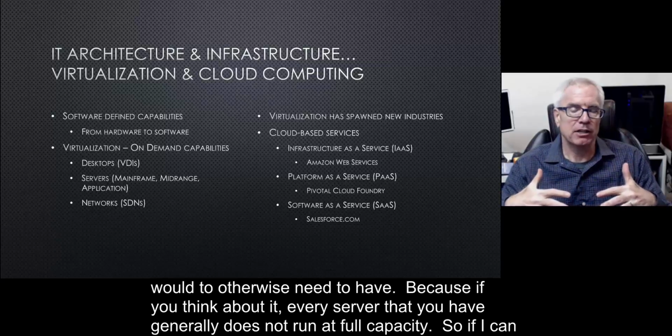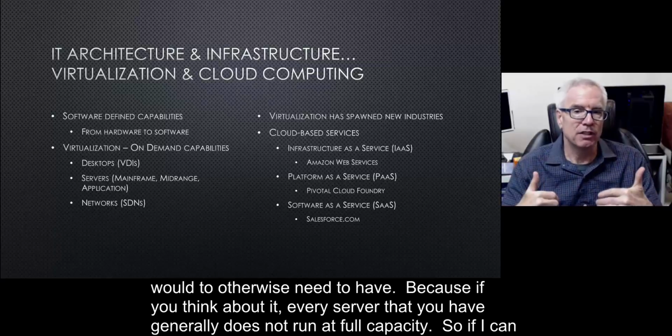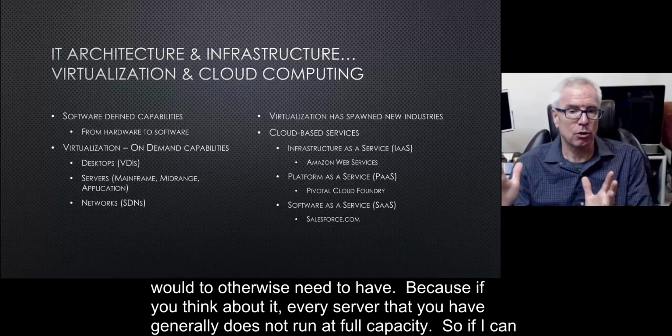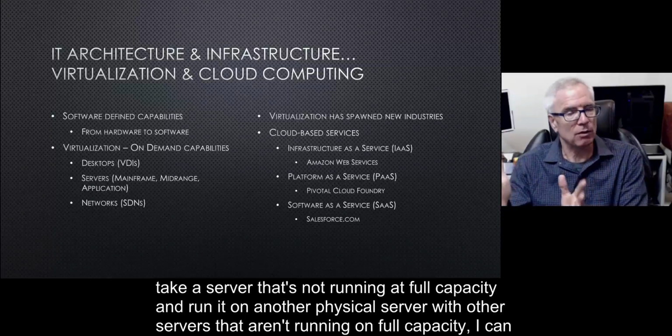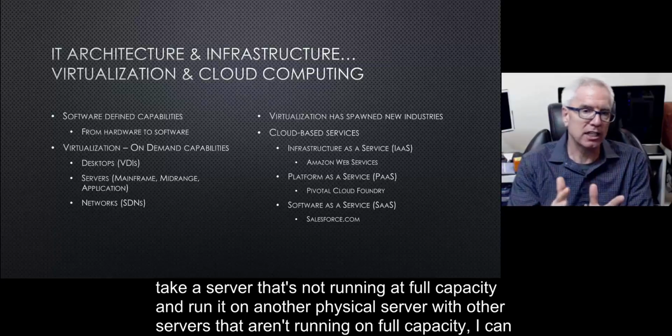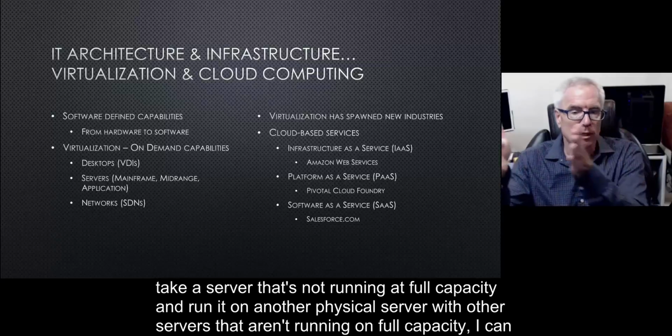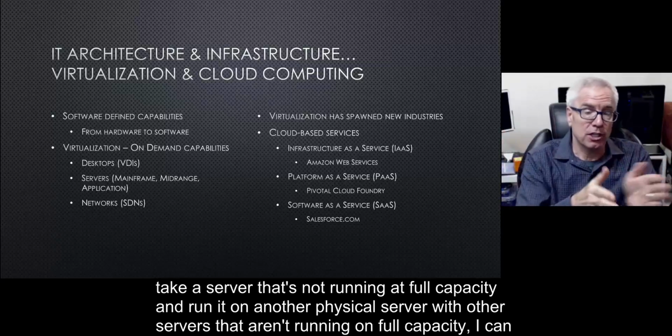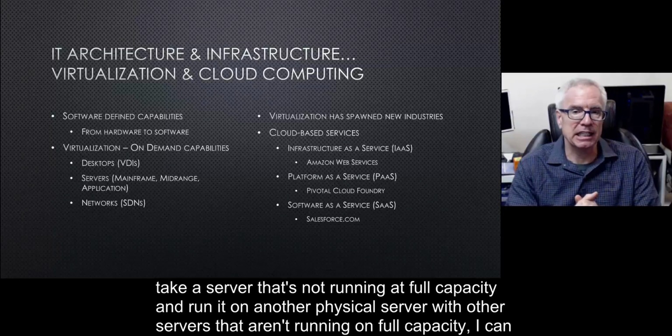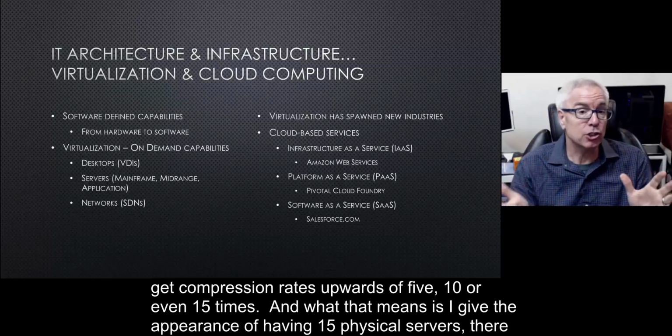Because if you think about it, every server that you have generally does not run at full capacity. And so if I can take a server that's not running at full capacity and run it on another physical server with other servers that aren't running at full capacity, I can get compression rates upwards of 5, 10, or even 15 times.